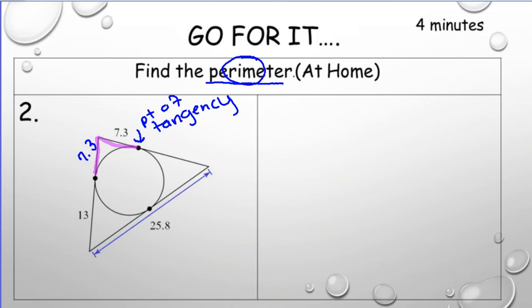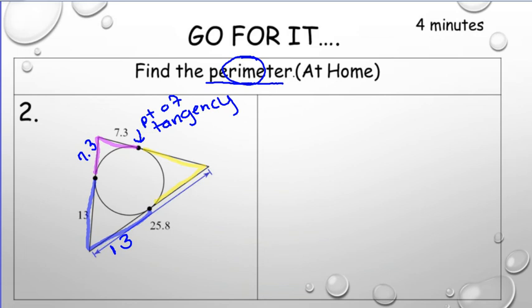If I go down to this one, then the same rule applies. These are tangents. So if this is 13, so is this side, 13. And we need to find these two pieces.